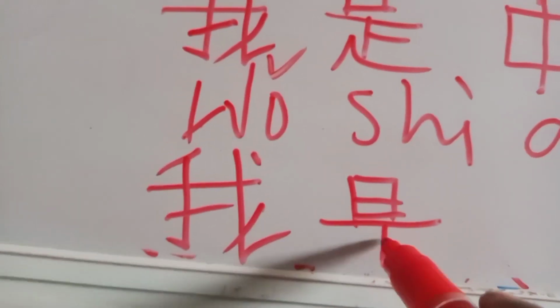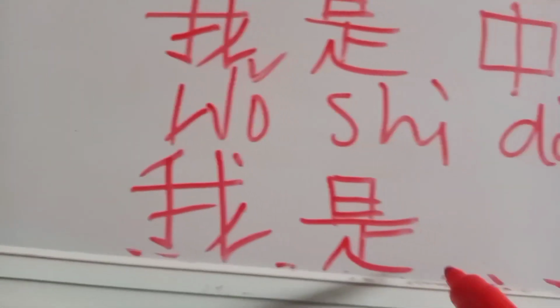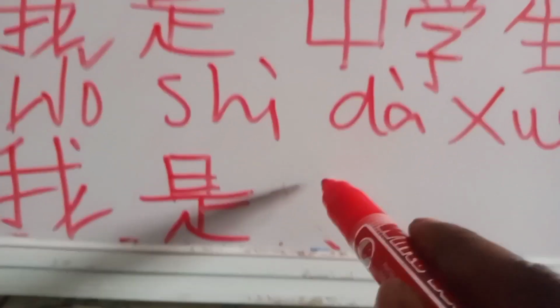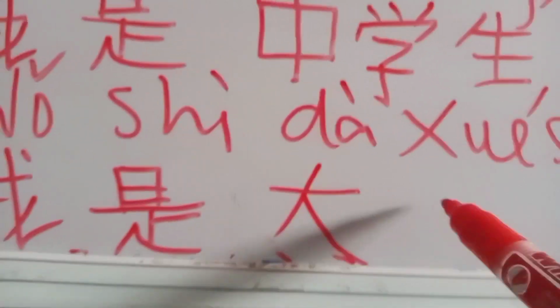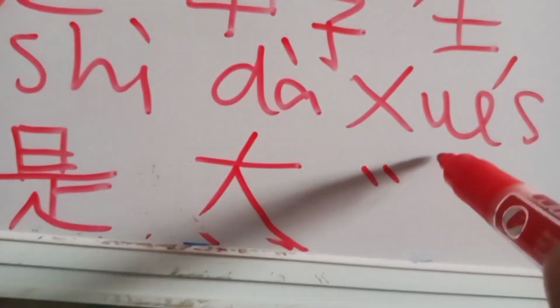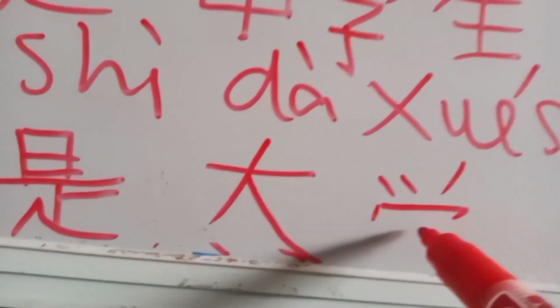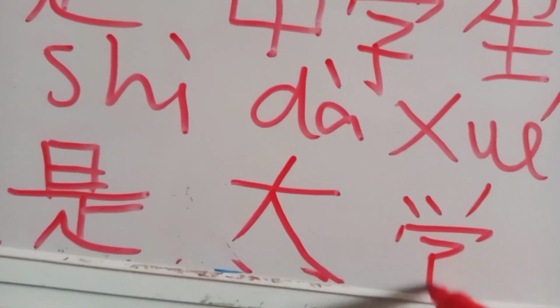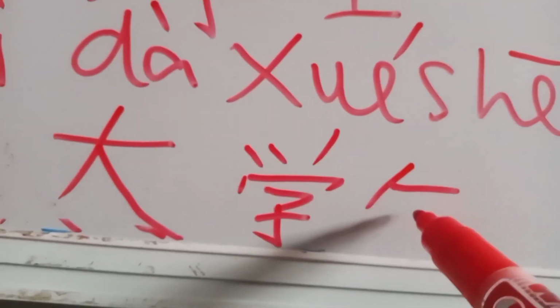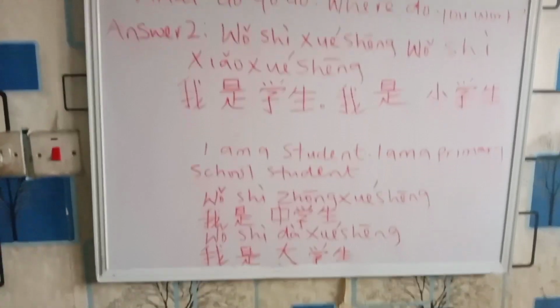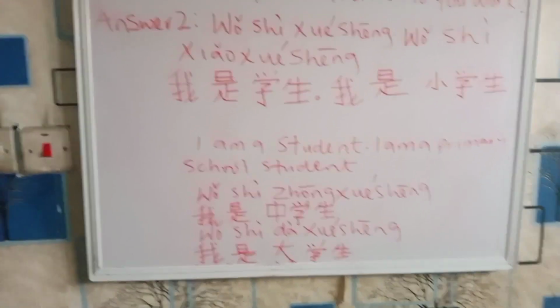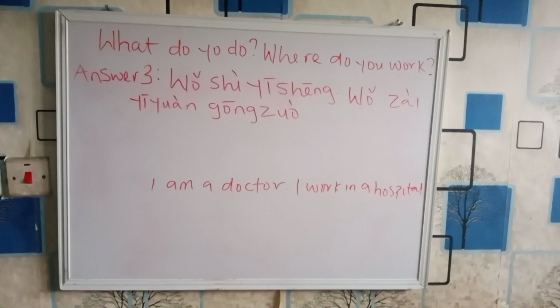So, go like this. 我是, we have written that before. 大学生, 学, you remember. 学生, 大学生. 我是小学生, 我是中学生, 我是大学生.